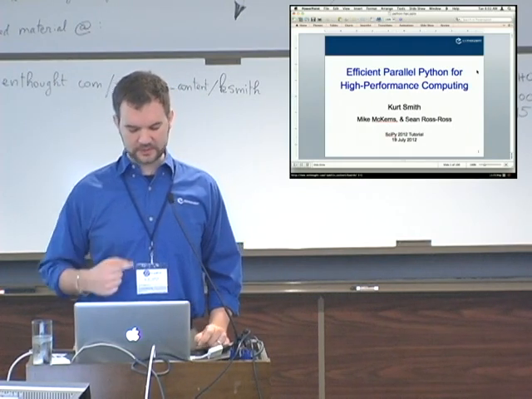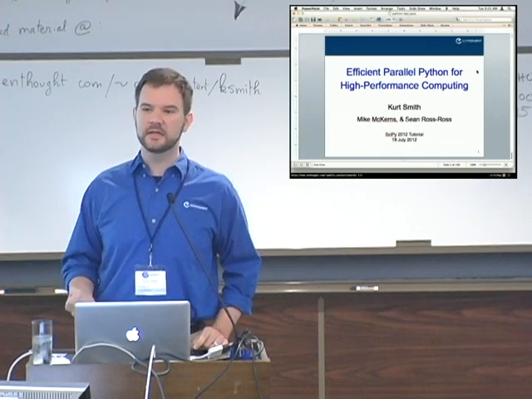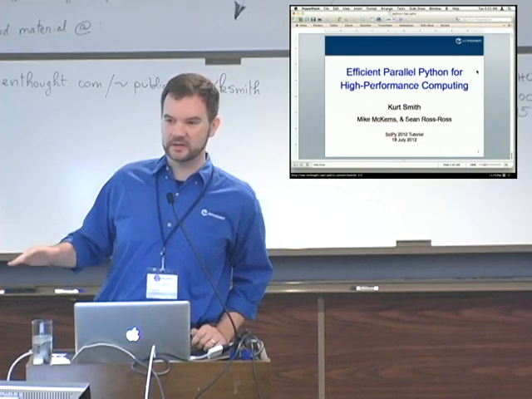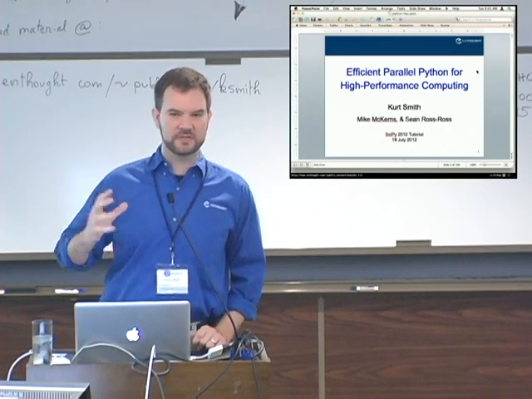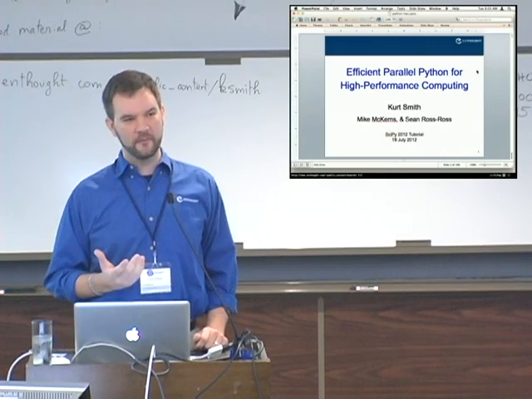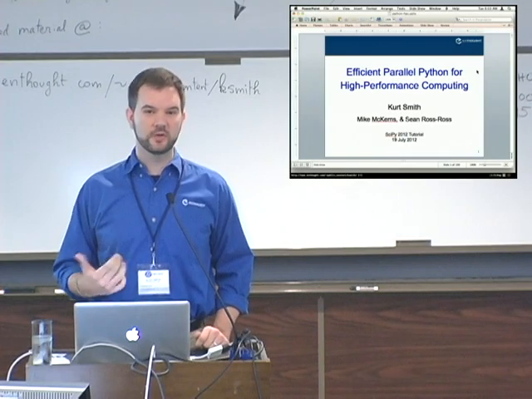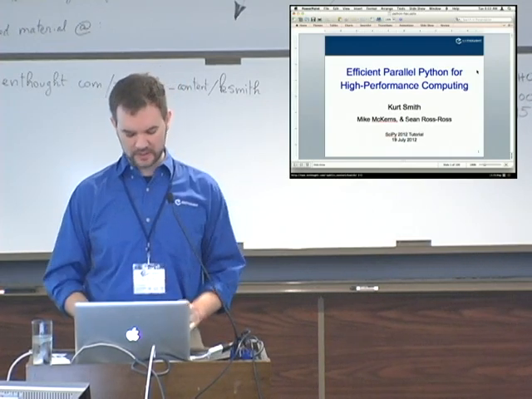There's one optional piece, which is MPI for Py. The reason that's optional is because it's a bear to install. You have to have MPI installed underneath, and then install MPI for Py on top of that, and it's not a trivial process. So we're not going to do any exercises on MPI for Py. We'll just be looking at examples of using it, and you can return to that in your own way.